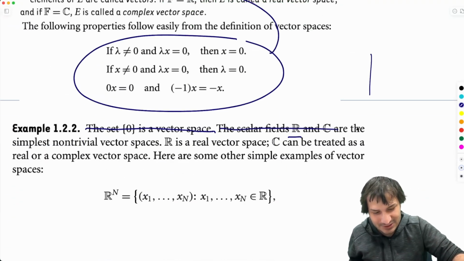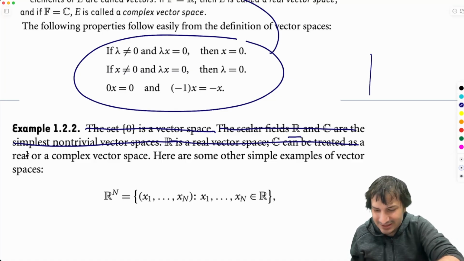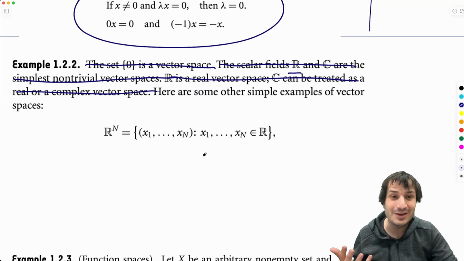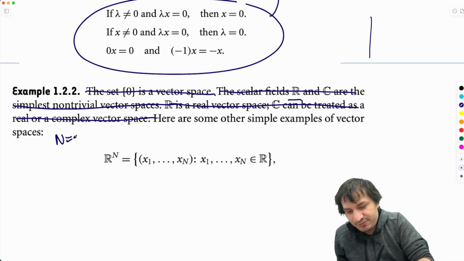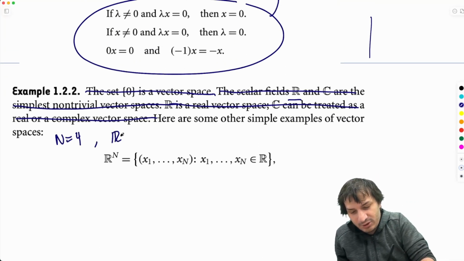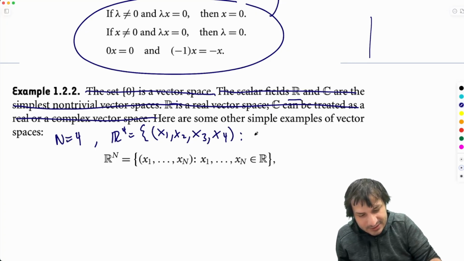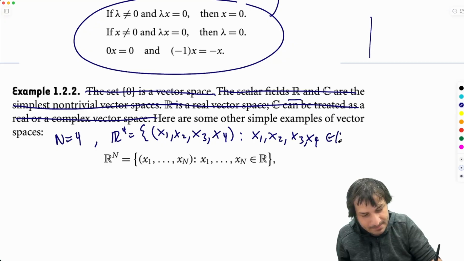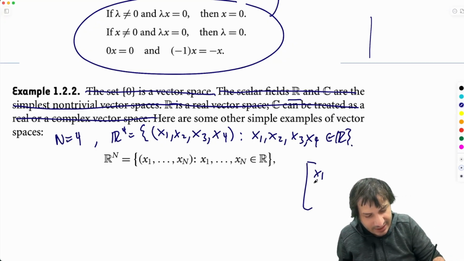And let's say that our first example is actually this first example, which is the one you do in linear algebra class. So you fix some capital N. Let's say, for example, n equals 4. And then we would have R4, which are 4-tuples x1, x2, x3, x4, such that all the elements are in R. And another way you could write these is like vectors like this, like I did before.